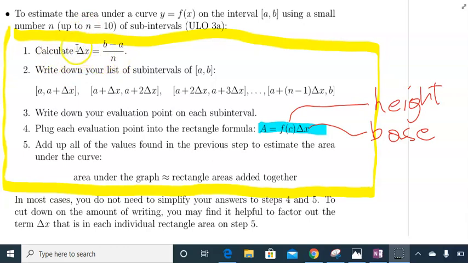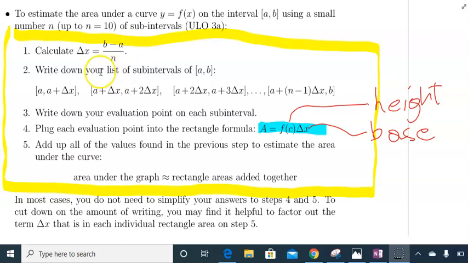One, we want to calculate delta x. Delta x here will be the length of the base of the rectangle, and we find delta x by solving b minus a over n, where n is your number of intervals.